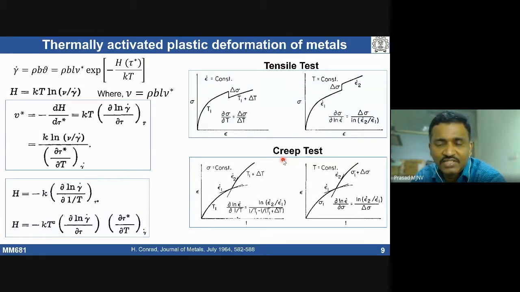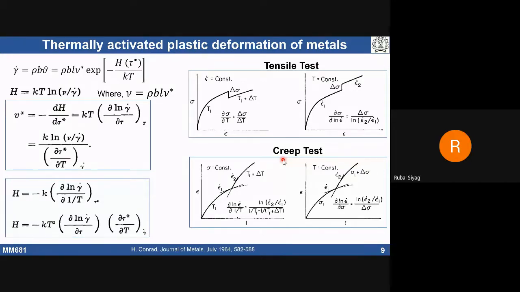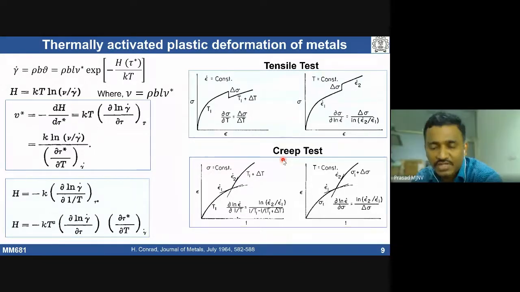In general English language also, somebody is creeping. The plastic deformation of a material at high temperature at constant stress, which leads to a change in the dimension of the material. Yes, I think you are very close.